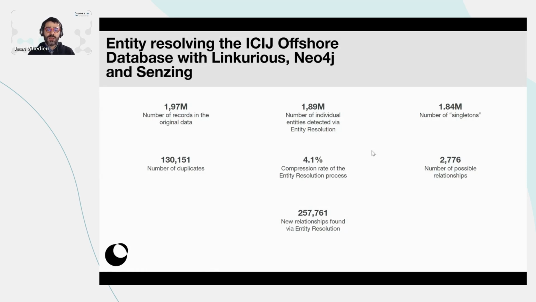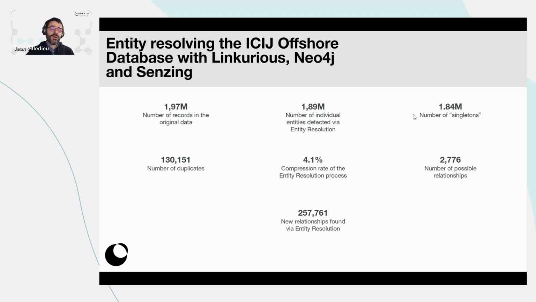So we have almost 1.9 million individual entities that have been identified via the entity resolution process. Out of that, we have 1.84 million singletons. So these are records that are not connected to anything else, that are unique.